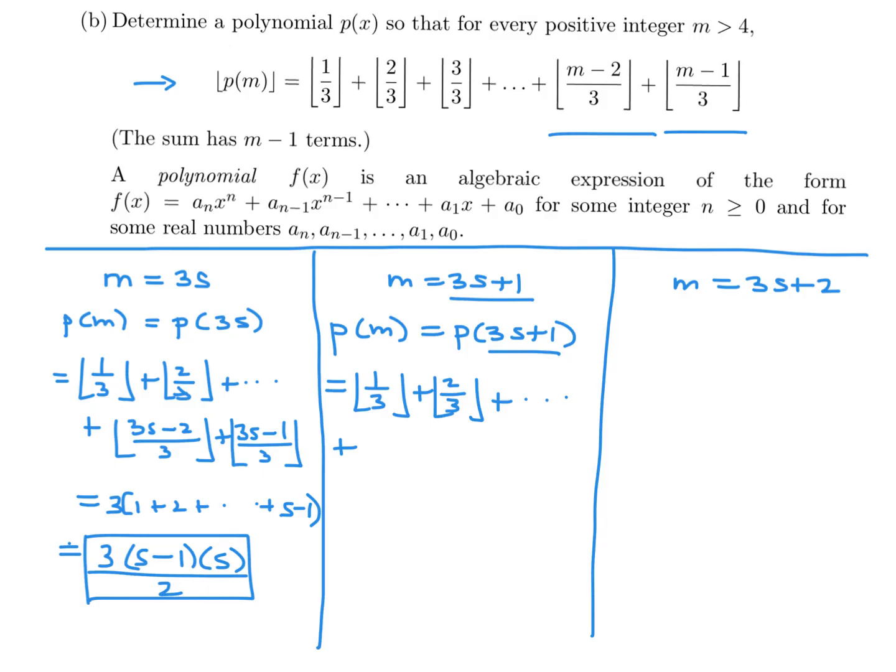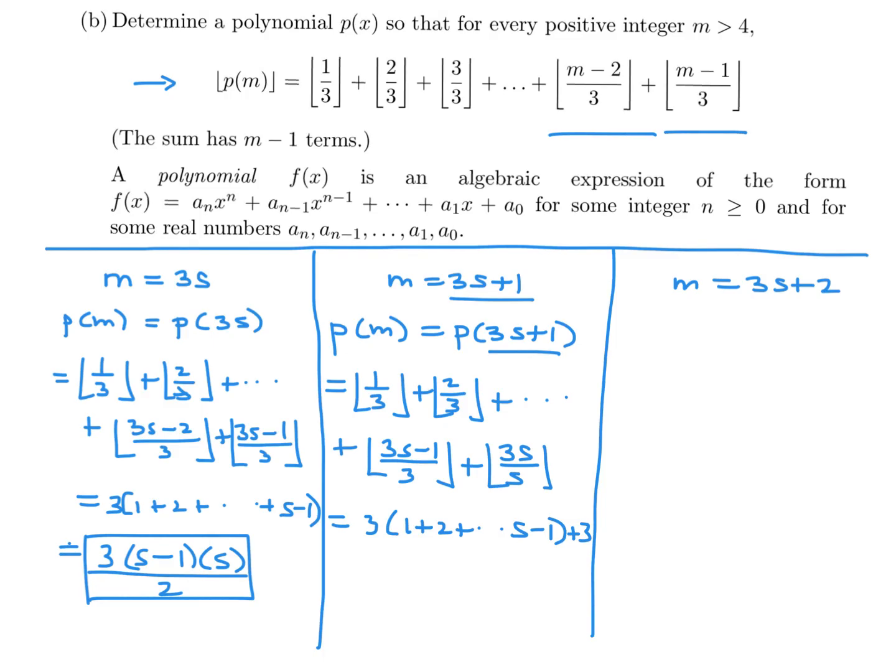So it'd be (3s minus 1) over 3, and the last one would be 3s plus 1 minus 1, so it'd be 3s. Like that. So this one looks to me like 3 times 1 plus 2 all the way till s minus 1, and then we're going to have a solo s at the end.